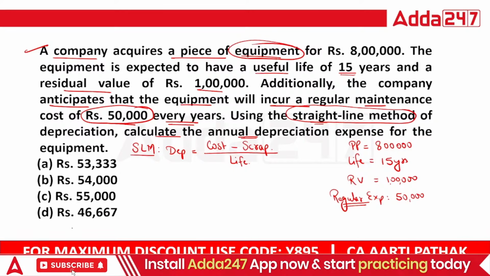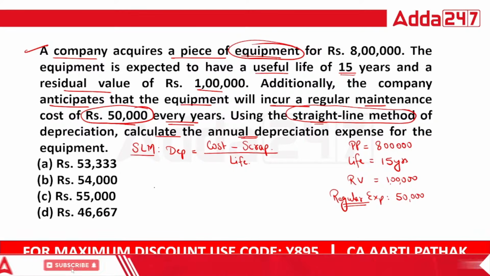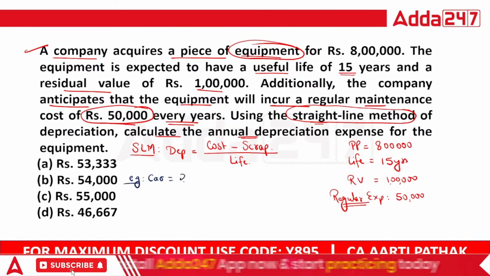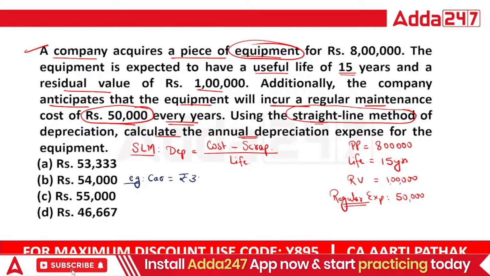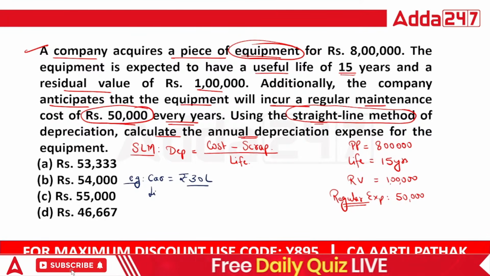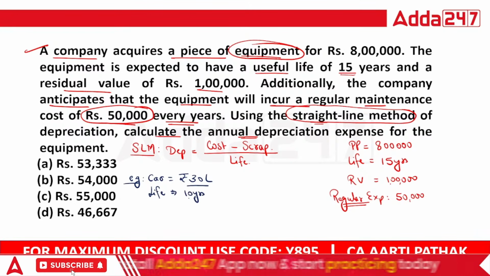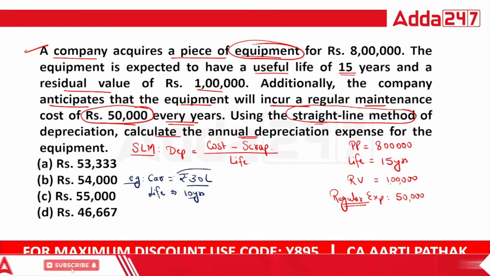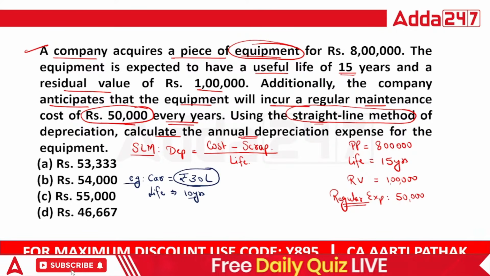Okay, so here I am taking one example. We purchased one car, yes, by paying rupees 30 lakhs. Now you decided that you will be using this car for next 10 years. Okay, now you have paid this 30 lakhs as your one time cost.